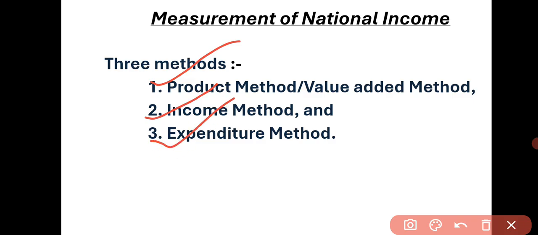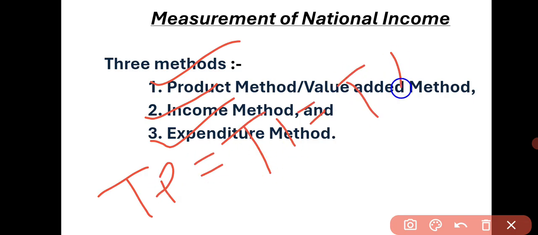Product method is also known as value added method. Why are there three methods? We can measure national income either by the product method, or by the income method, or by the expenditure method, because we all know that in an economy, total product is equal to total income, which is equal to total expenditure.